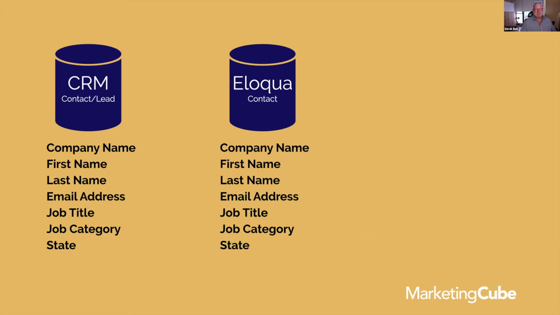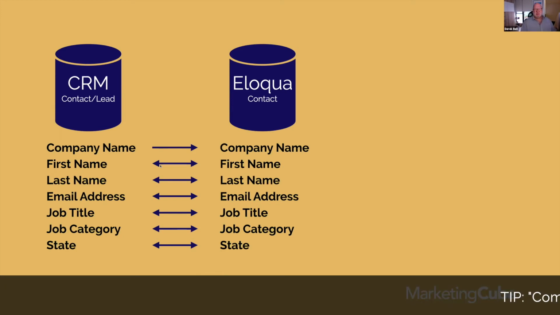Now, if we take that information over to Eloqua and to the Eloqua contact, generally it's a mirror. It's exactly the same. So we synchronize that information backwards and forwards. Now, how you choose to route that can differ for everybody. In some cases, it may be an absolute synchronization. So CRM updates, Eloqua updates, or if Eloqua is updated, then the CRM is updated. Company name typically is one that is not.